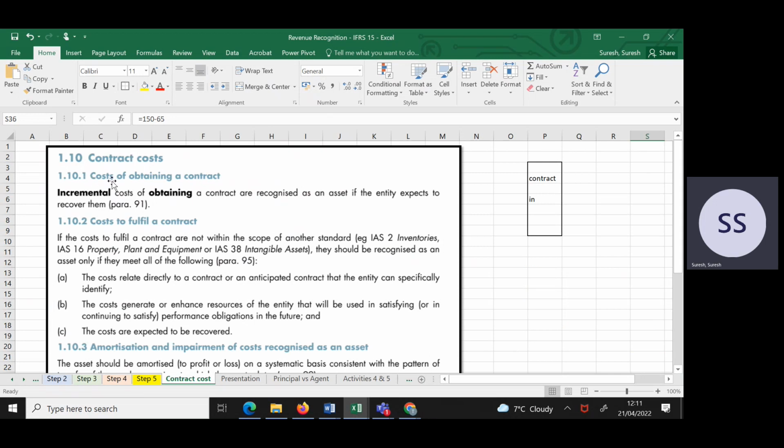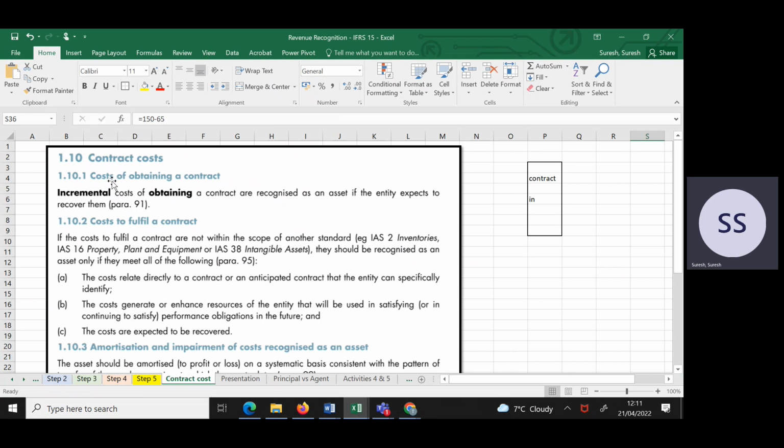So when you suffer a cost that is incidental to the contract, that cost needs to be treated as an asset first, right? And then we are expected to amortize it based on the pattern of the transfer of goods, based on the pattern of performance obligations. But there are 3 conditions to satisfy. First, to ensure that the cost can be treated as an asset. But then the next point would be amortization.